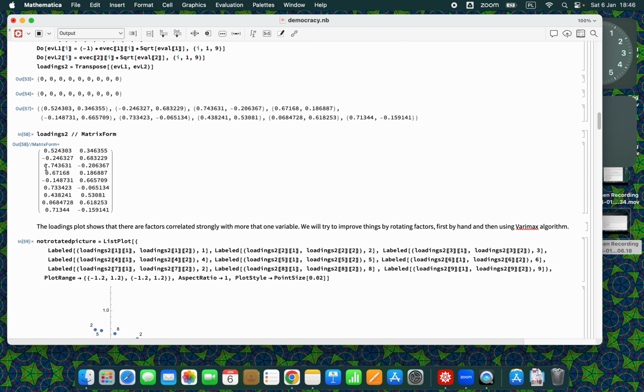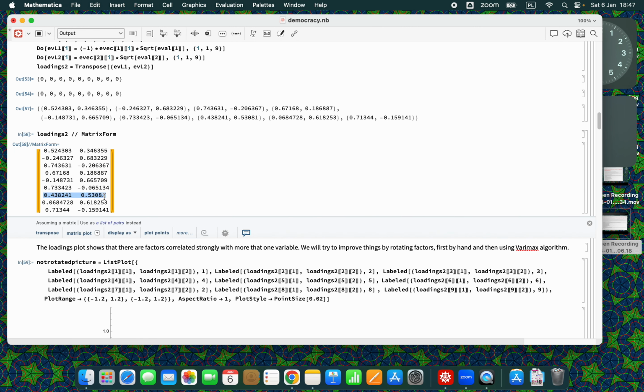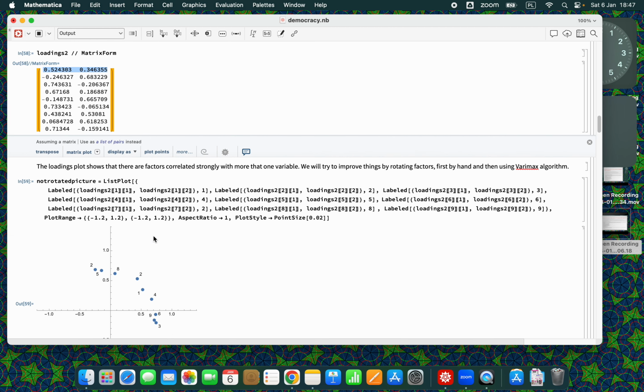And what we see here is that there are lines like this one. Both factors correlate quite strongly with the seventh variable, and a similar situation is with the first variable. Both factors correlate rather strongly with the first variable, which means that rotation of factors is in order.